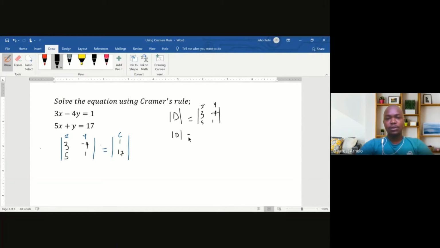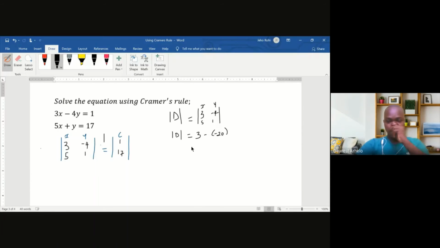So, d determinant is equal to, remember, to find the determinant of a 2 by 2 matrix, we multiply the leading diagonal and we subtract the non-leading diagonal. So it's 3 times 1, which is 3, minus, open brackets, 5 times -4 is -20.